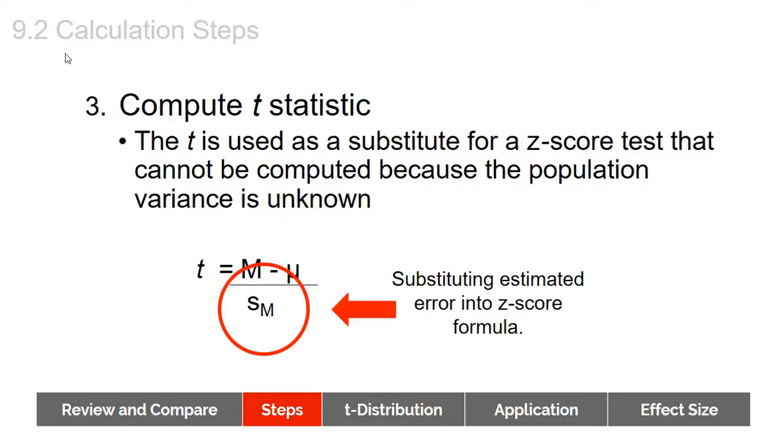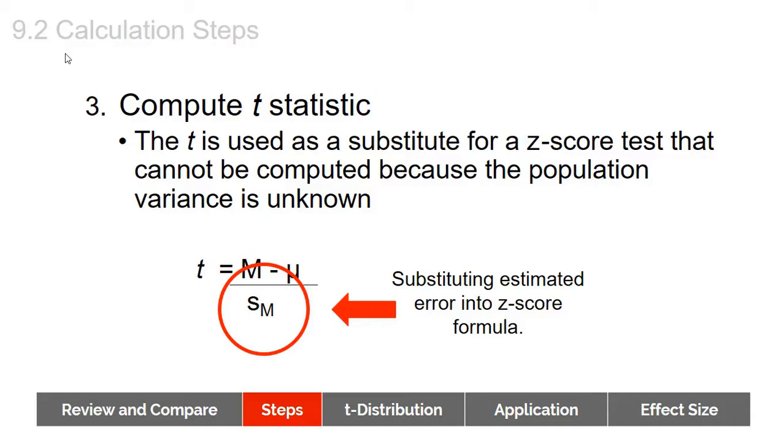All right, the next step is to compute the t-statistic. So the t is used as a substitute for a z-score test. And we do this because we don't know the population variance, and therefore we can't use the unit normal table. So we're going to be using instead a t-table.